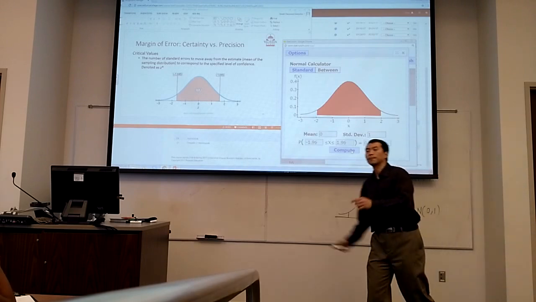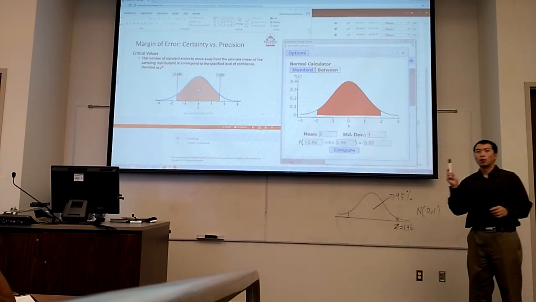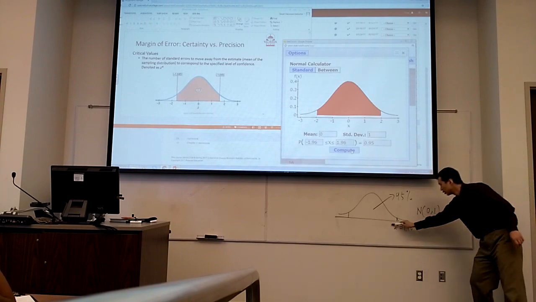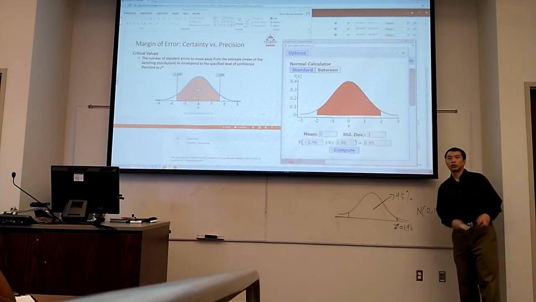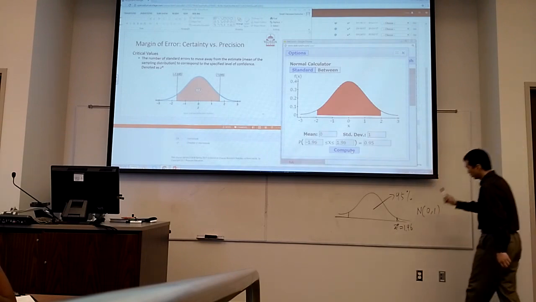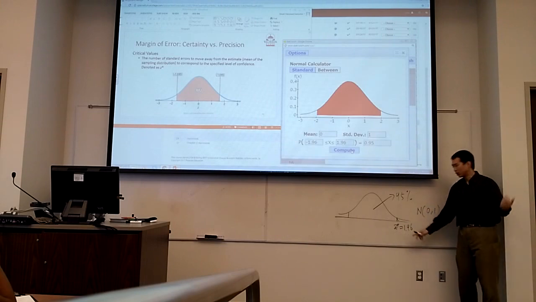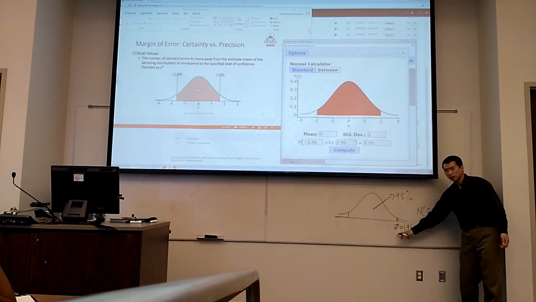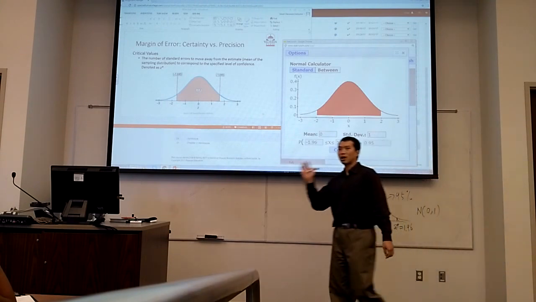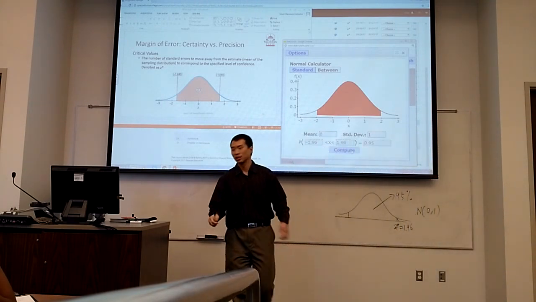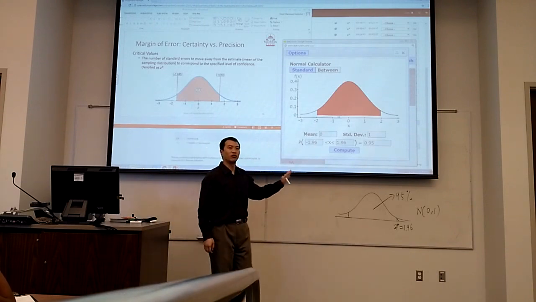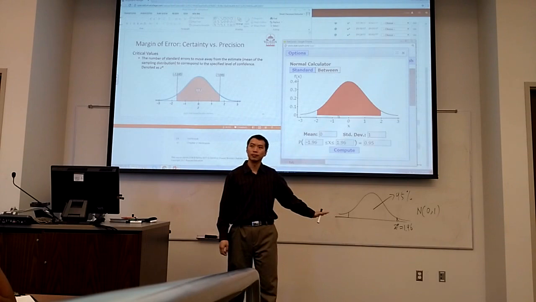In your homework, one possibility is that the question will provide you with the critical value. If you work on a problem, it may give you a table that contains the critical value. But if the question does not give you the critical value, you find it using this stat function.